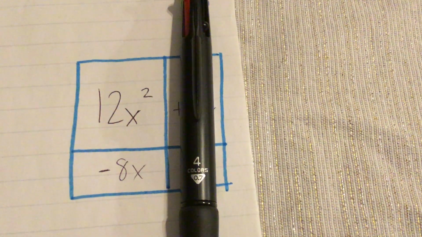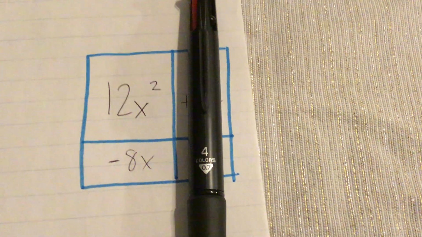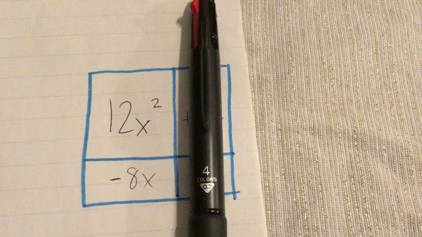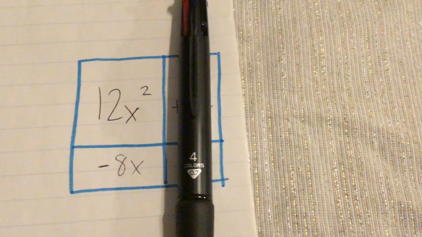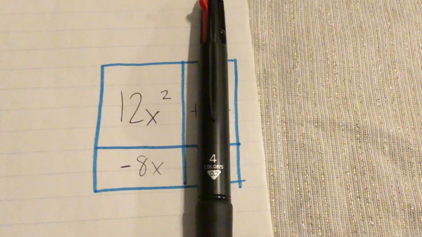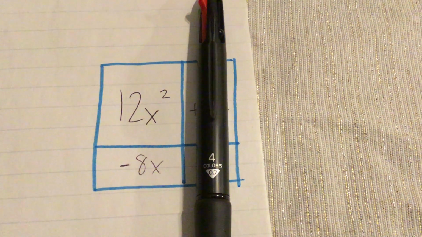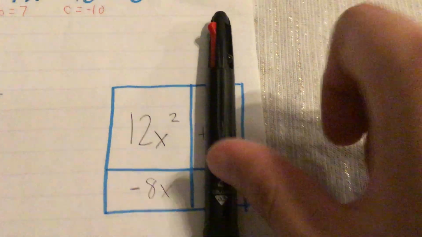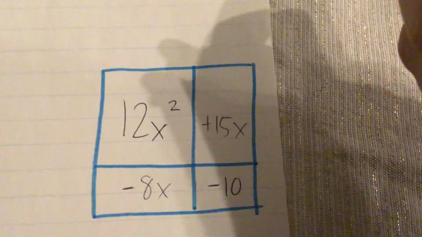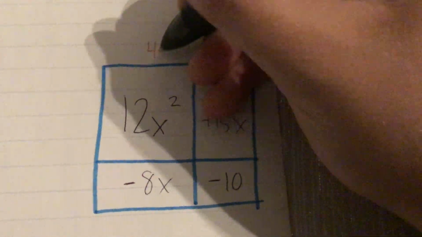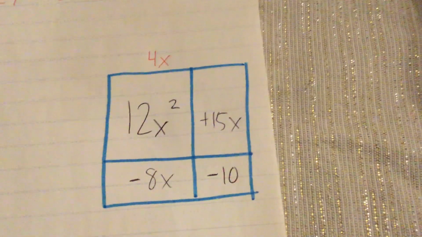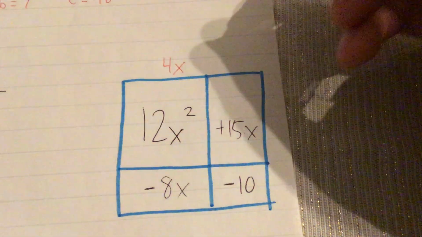I look at 12x squared and negative 8x. I'm going to factor out a positive, by the way. What's the biggest number I can divide out of 12 and 8? Well, 4. And x squared and x share an x, so the GCF of 12x squared and negative 8x is 4x.